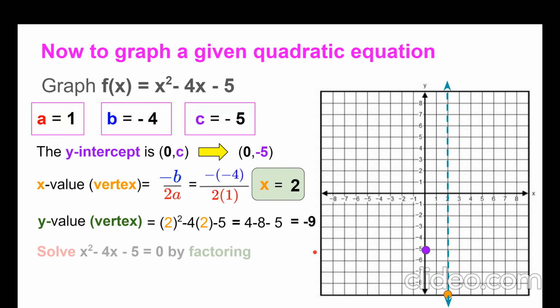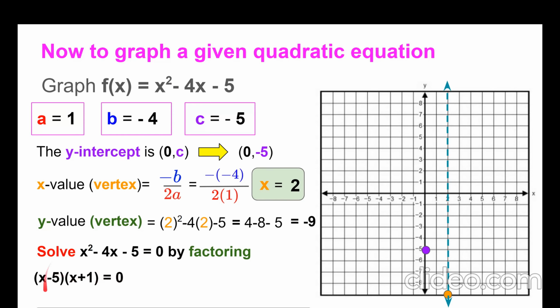Now the next one is how to solve this by factoring. That's why I reminded you of factoring. Two numbers whose multiplication is negative 5 and whose sum is negative 4: 5 times 1. So you're going to replace the numbers by 5 and 1. The 5 is negative because the answer in the middle is negative. So if this is equal to 0, what makes this equation go to 0?